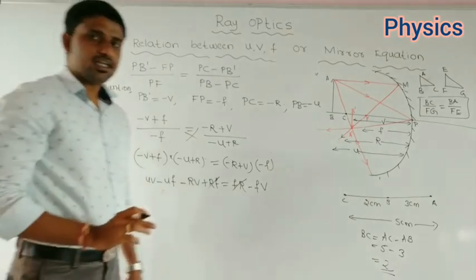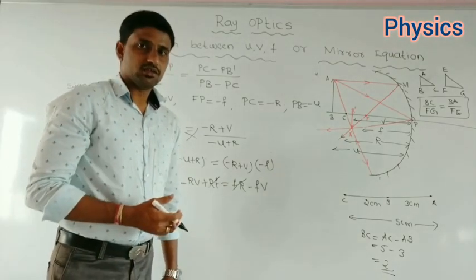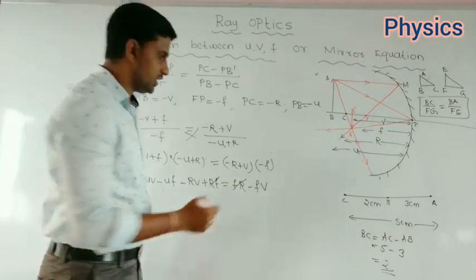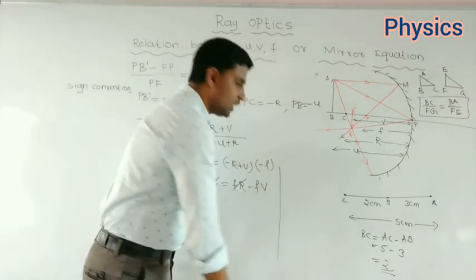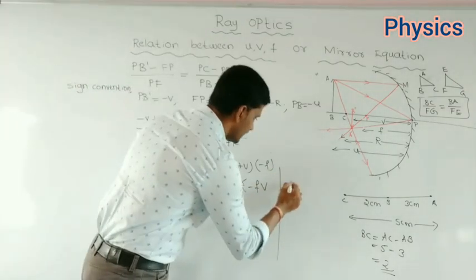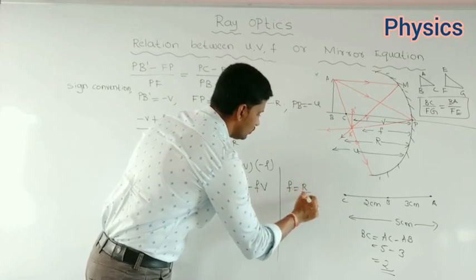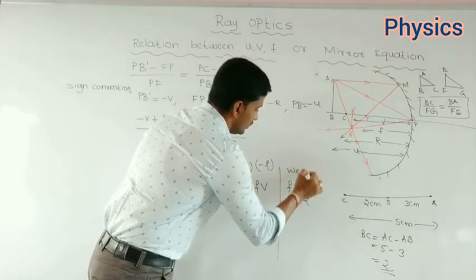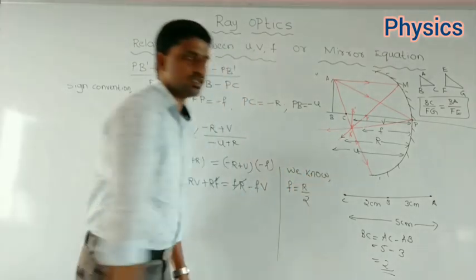And we already derived in the previous class the relation between the focal length and the radius of curvature. That gives f is equal to R by 2. This we already derived in the previous class.